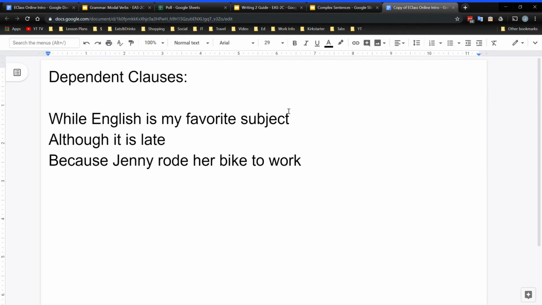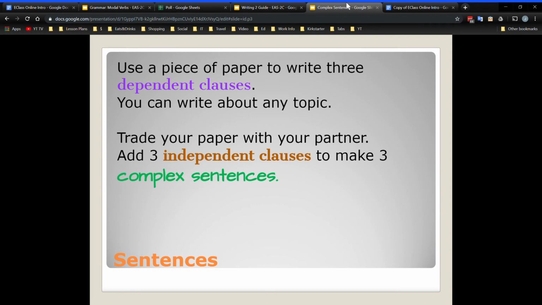Oh, and don't forget when you add the independent clauses to these sentences, you'll need to have these commas, right? So, for example, because Jenny rode her bike to work, she was very tired, right? So go ahead and keep working on your independent clauses.